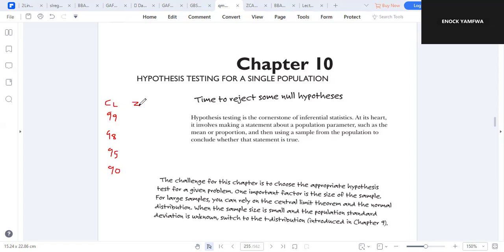The next one is 2.33. Then next one is 1.96, and 1.645. So these are the important Z figures that you need to have at your fingertips.